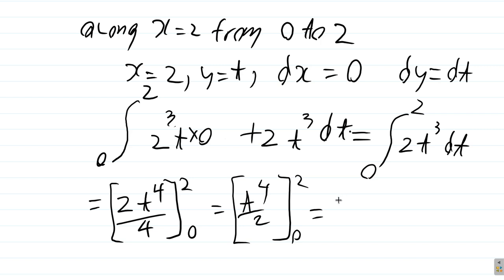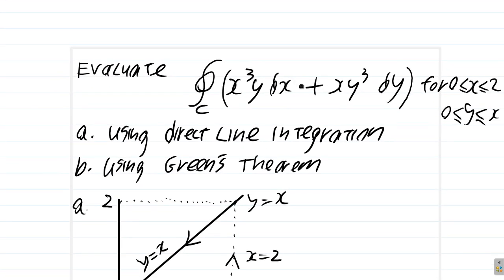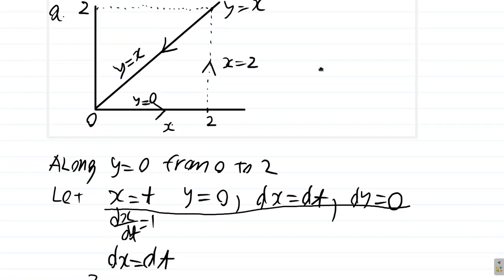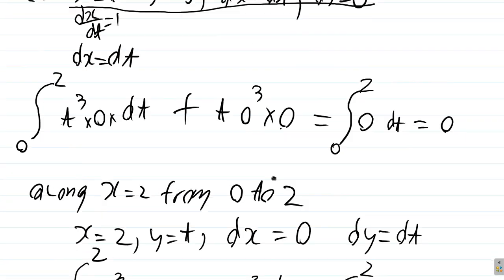Well, 2 to the 4 is 16. So this is 16 over 2 minus 0 to the 4 over 2, which is 16 over 2, which is 8. So when you integrate along this path, you get 8. That means if you move a particle from here to here through this vector field, which is a force, your work done, which is force times distance, is going to be 8.